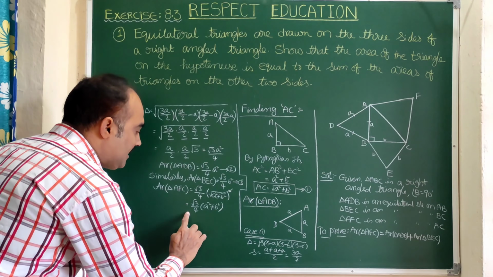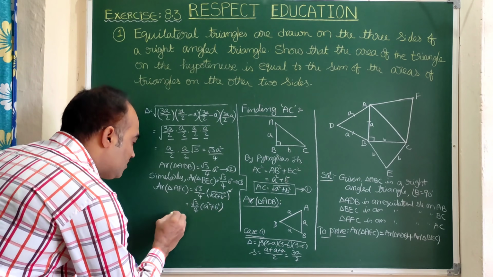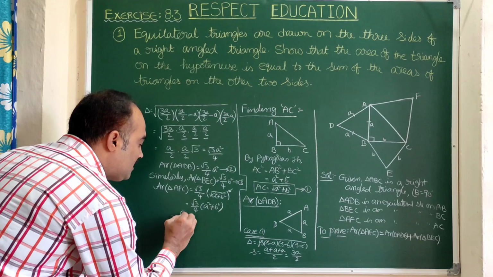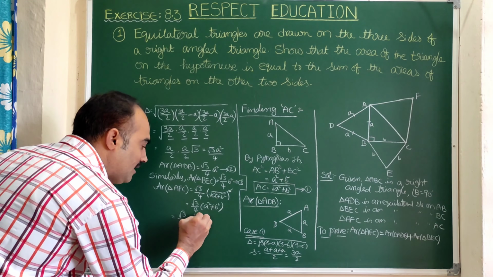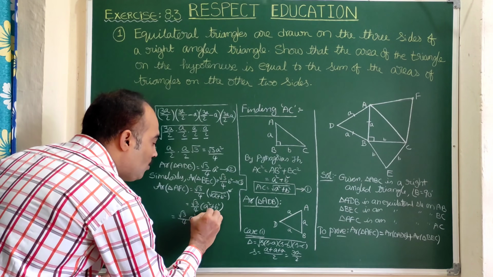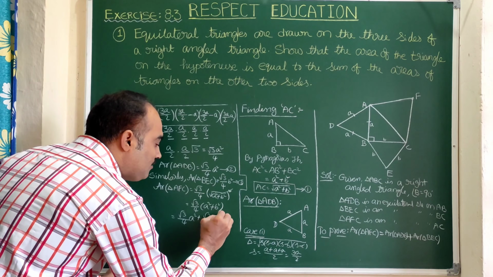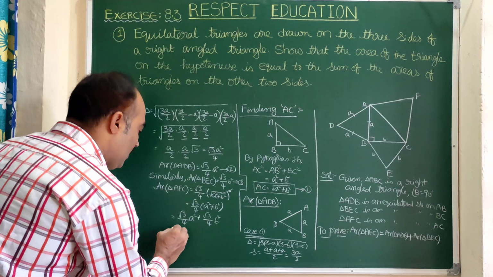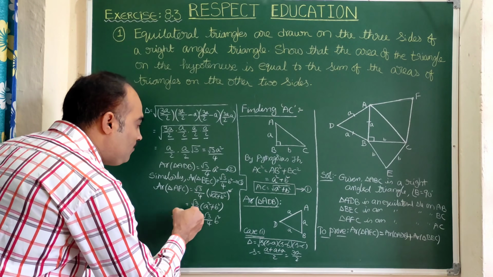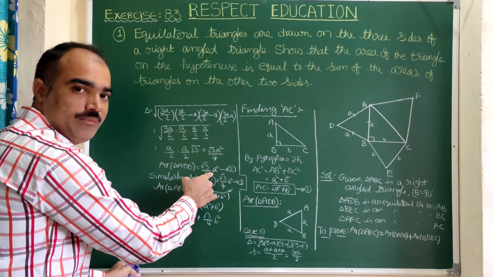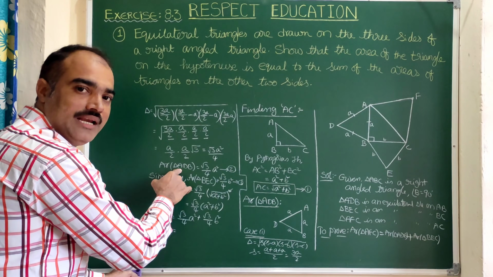Clear? Now let us multiply. So it becomes root 3 by 4 A square plus root 3 by 4 B square. Now root 3 by 4 A square is nothing but, from equation 2, the area of triangle ADB.